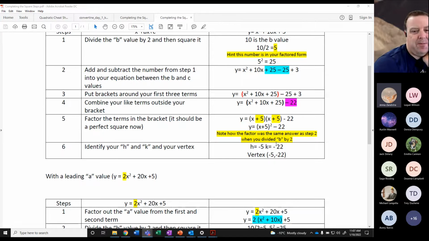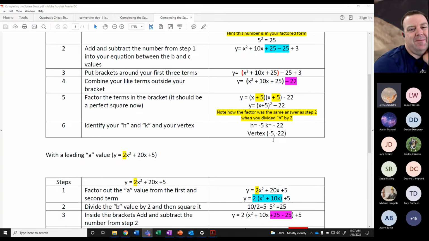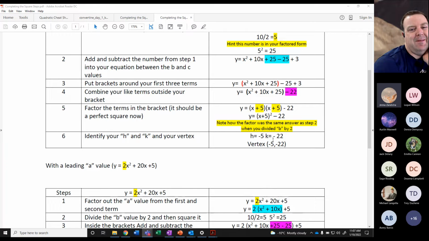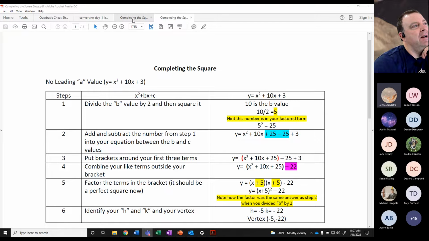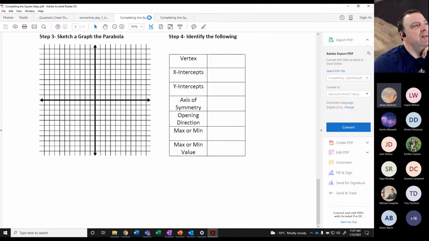What's the word I'm looking for? Recollection of this? Do you guys remember this at all? Recollection. There it is. Thank you, Michael. All right. So in your email I sent you this, how to complete the square, the steps to it.